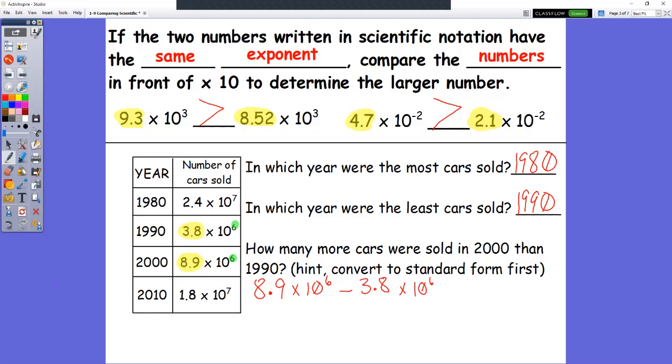Converting them to standard form would be 8,900,000 minus 3,800,000. And when you subtract them, you get 5,100,000 more cars.